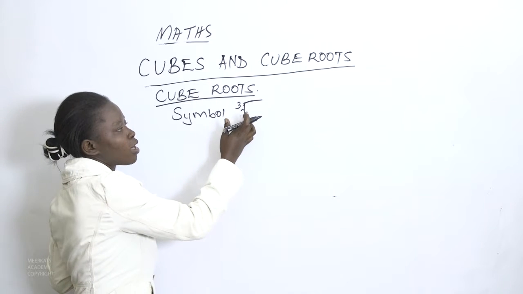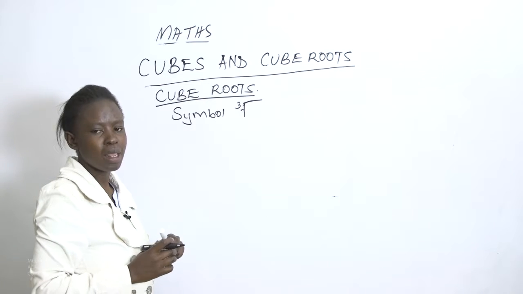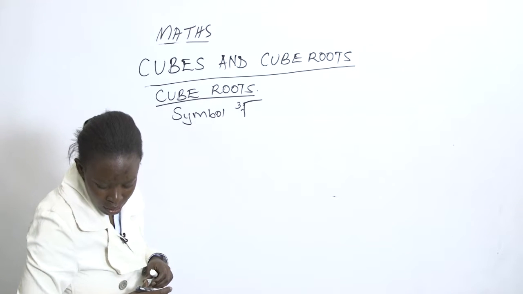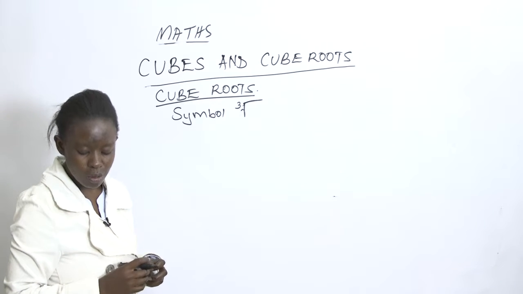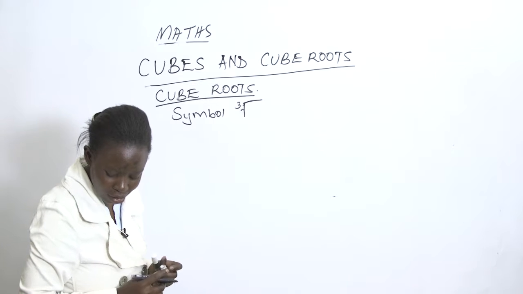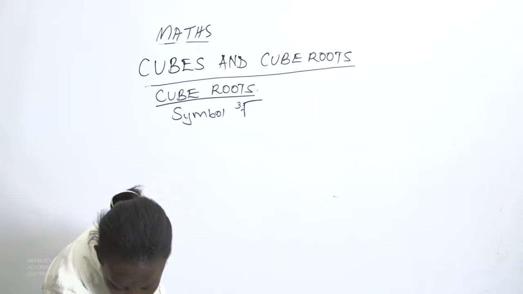So when you see this sign, you are simply being asked to get the cube root of that given number. So how do we get a cube root? Let us look at some examples on how we get cube roots.